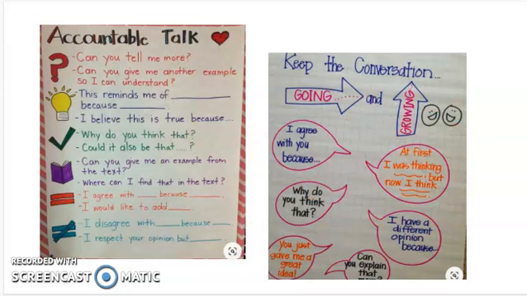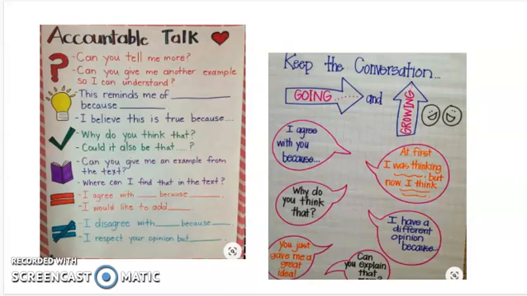And from there, I love these posters for intermediate and middle school, high school, because this is how we keep the conversation going. One student answers, and then they sit and stare at each other, right? So here are some ideas. Can you tell me more? Can you give me another example so I can understand? Or down here at the bottom, I agree with what you said because, or I disagree with you because, I respect your opinion.